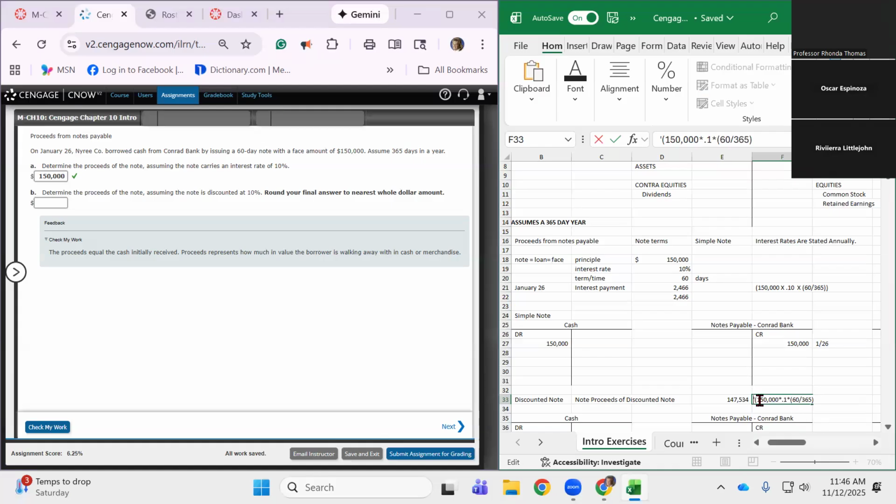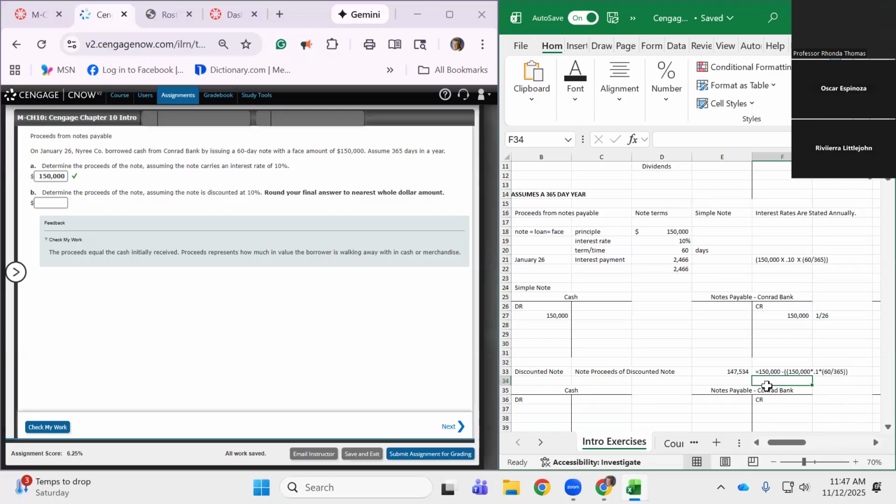So what's going on here is you're taking the loan proceeds and subtracting the interest. So if we start off with $150,000 note and figure the interest, then we will get those loan proceeds. Okay, so you've got to calculate the interest on either note, but there is the formula, right? It's the loan minus its interest.